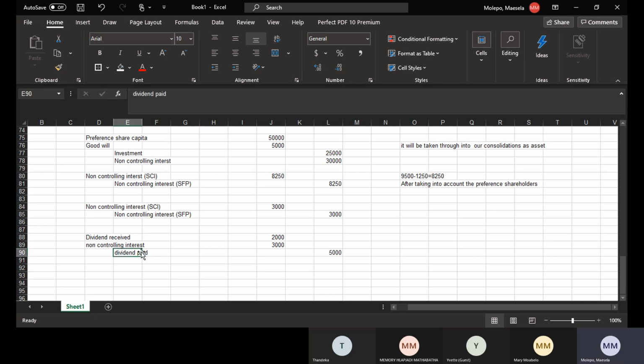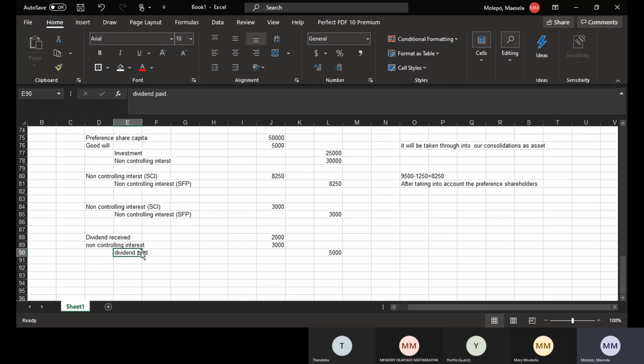Then another journal that I have to show will be the unrealized and the realized profit. As at the year ending on 31 December 2007, P Limited sold.